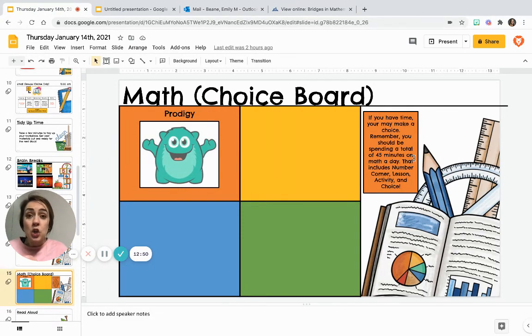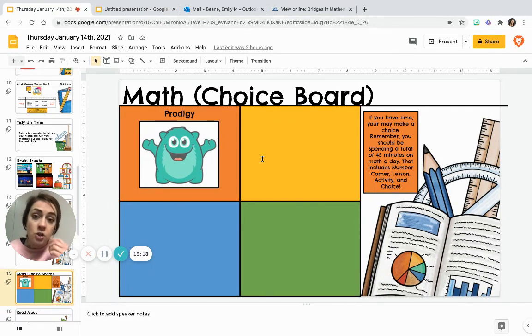If you are at like 30 minutes, or even if the other parts of math only took you 20 minutes, I want you to spend only 10 or 15 minutes making a choice board choice. I don't want you spending an hour and a half on Prodigy, or an hour and a half doing pattern shapes. What all these choices should be is 10 to 15 minutes total.